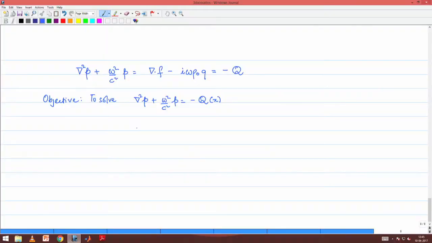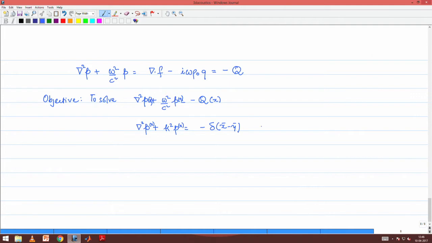What we will do is that we will first solve this equation for the case of a delta function, okay. And where should this delta function be located? So, instead of solving for q of x, we will solve for a delta function which is centered at some point say y. Okay. All of these are functions of x. P is a function of x, q is a function of x.